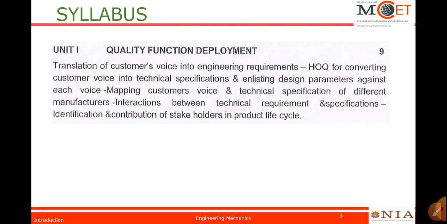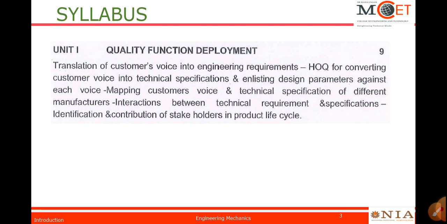For example, in the recent trends in automobile two-wheelers or four-wheelers, we can easily say that the boom of electric vehicles is coming into the picture.